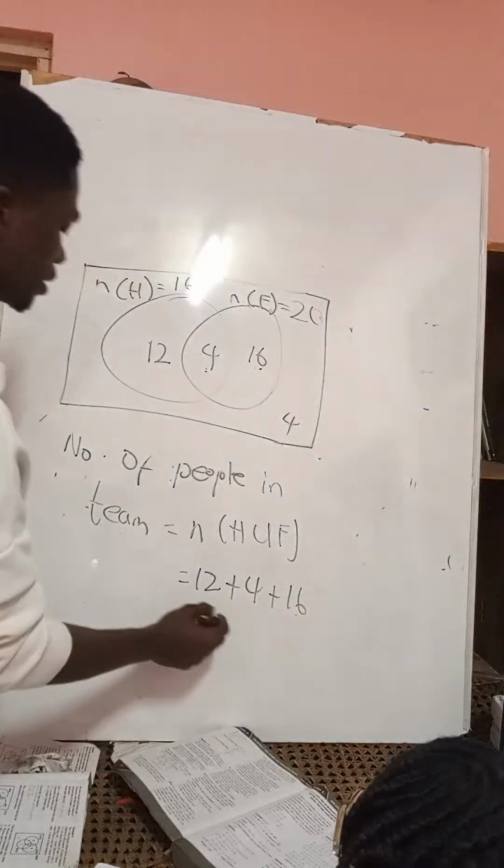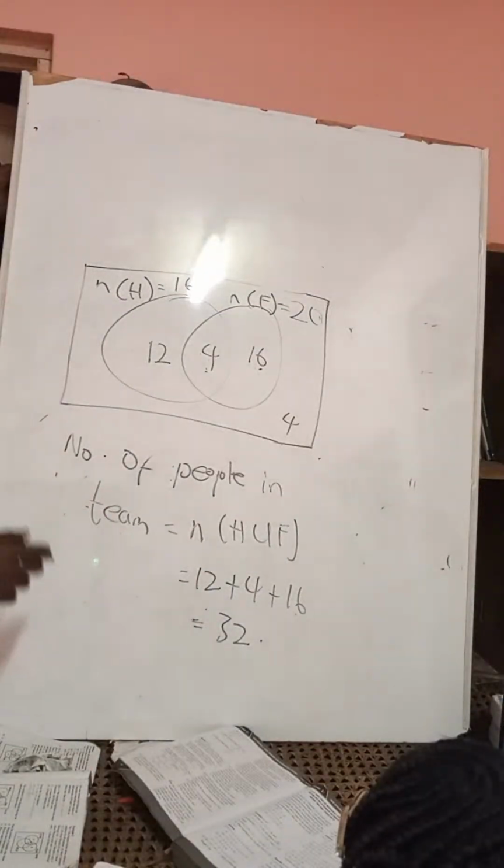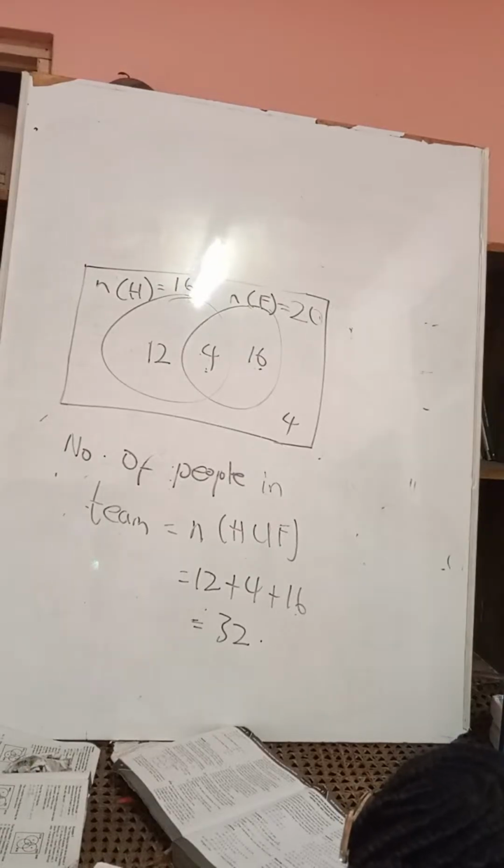This one will be 20 plus 12, which is 32. So the total number of people in the team is 32. How about the total number of class?